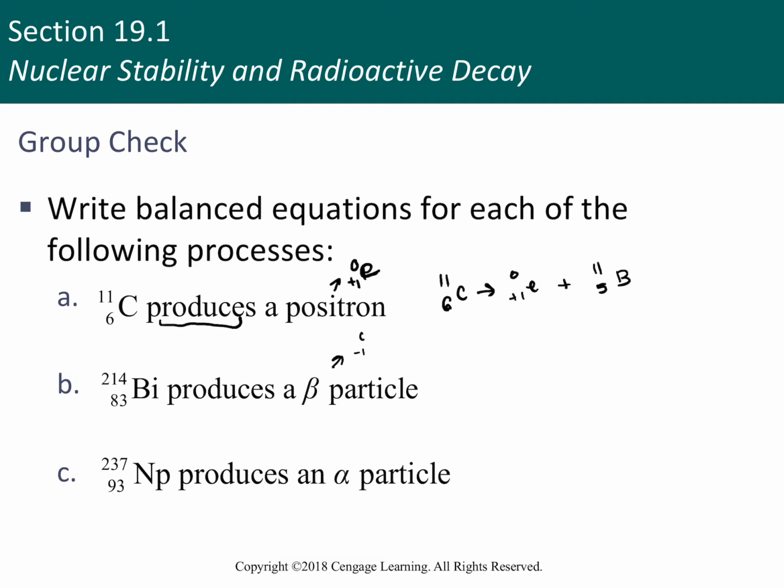Bismuth produces a beta particle. Now, what is a beta particle? A beta particle is when you gain a proton, because a neutron is converted into a proton. So we start with the left side, bismuth. Now, I know my beta particle, so I'm going to write it. I see that my mass number doesn't change, so it's going to be 214 again.